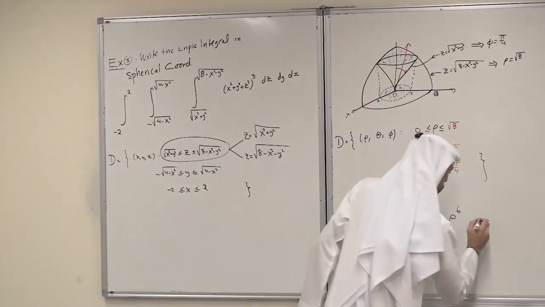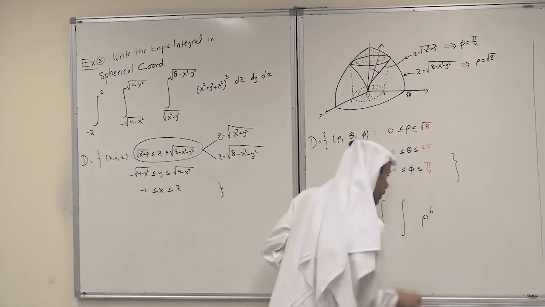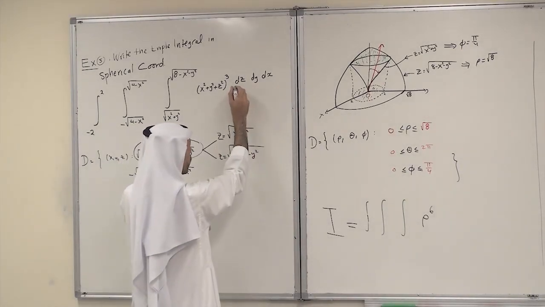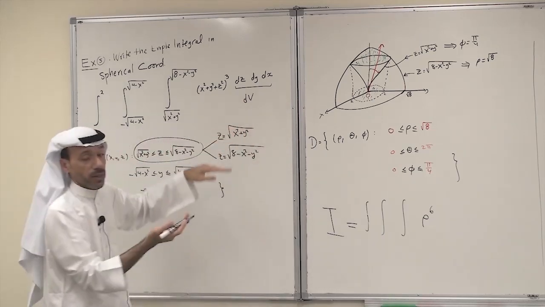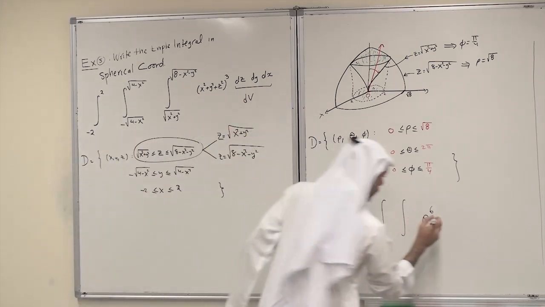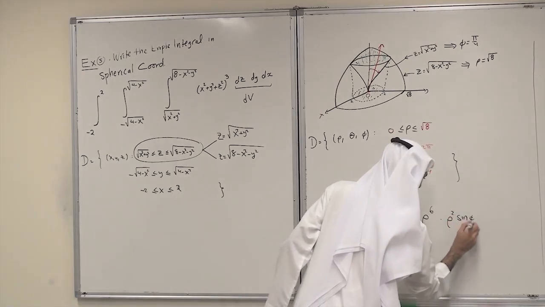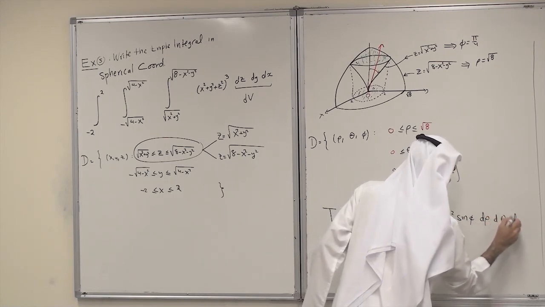And we have dv, which in rectangular is dz dy dx. So what is dv in spherical? This is rho squared sine phi d rho d theta d phi.